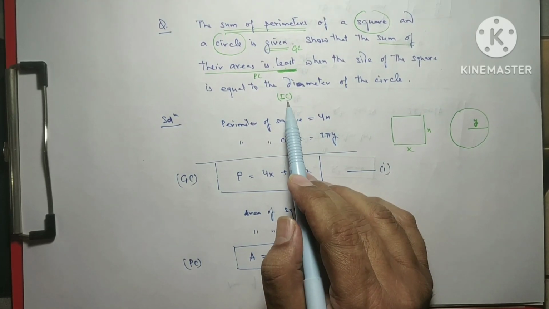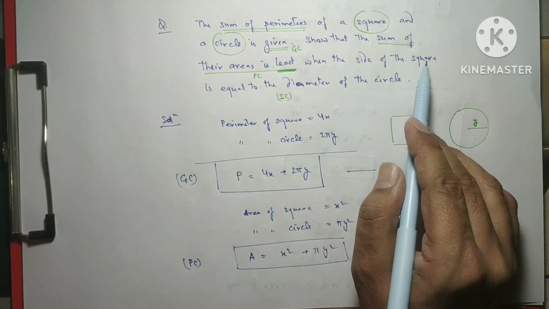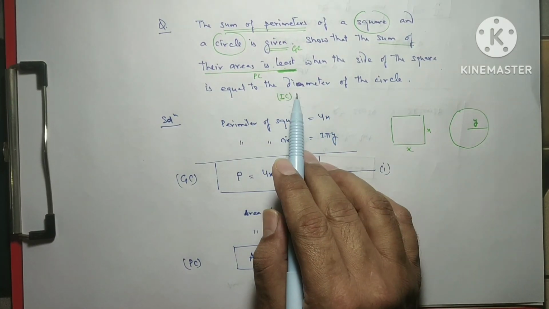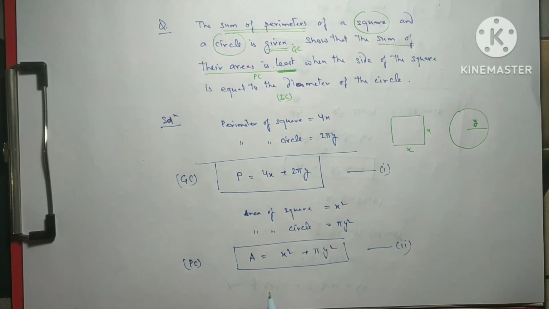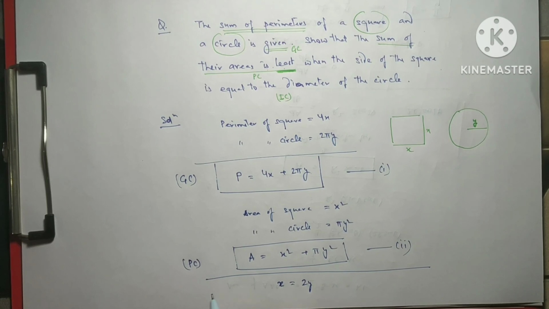And we have one more piece of information. This is an intermediate condition. We want to show the side of a square is the diameter of the circle. That is, the side of the square is x and the diameter of the circle is 2y. So this is the intermediate condition, and we will show this.